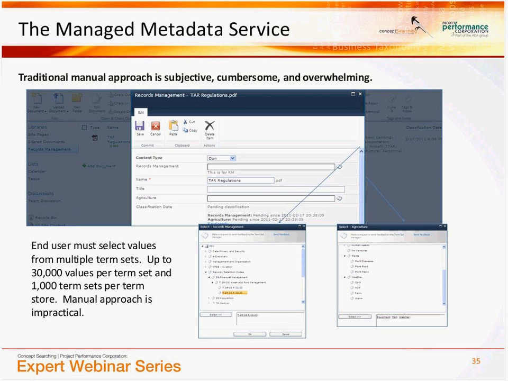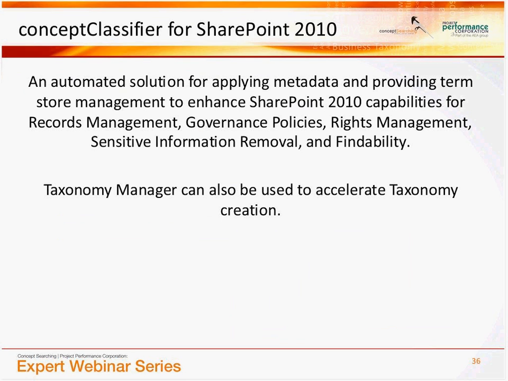That is how an end user has to apply the tags manually. Now, it's cumbersome because if we had 4 term sets aligned with the content type, they'd have to do it 4 times, as well as selecting the content type. The bigger problem is that it's subjective. How do you make sure that the end user consistently applies the correct tag every time? Next slide, please.